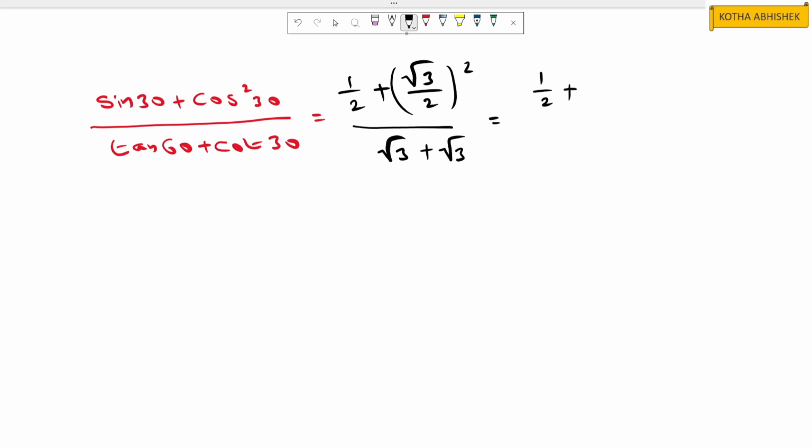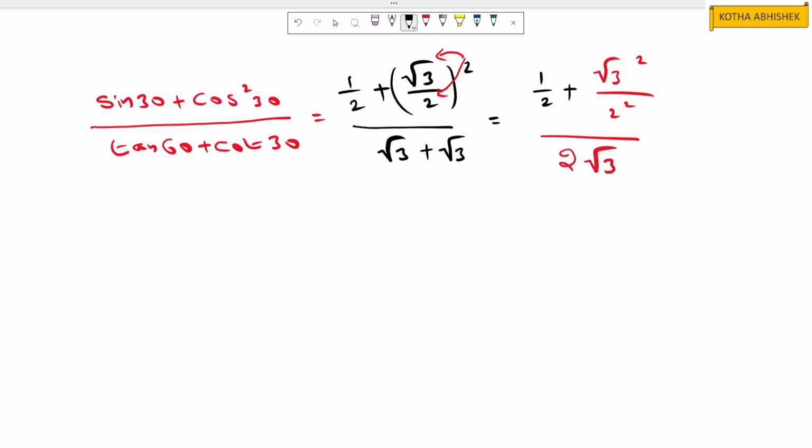which is equal to 1 by 2 as it is plus, now here the square is applicable to the numerator as well as denominator, right? So let us separate it as root 3 square by 2 square, whole divided by, in the denominator we have root 3 plus root 3, right? Root 3 plus root 3 is 2 times root 3.